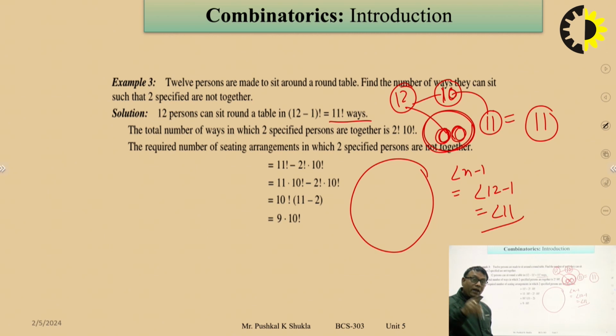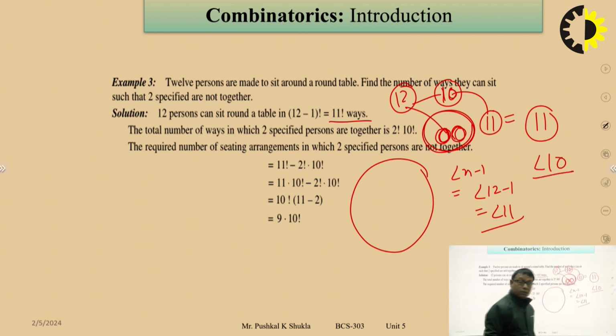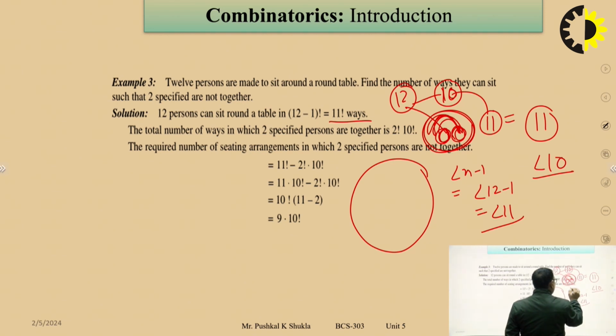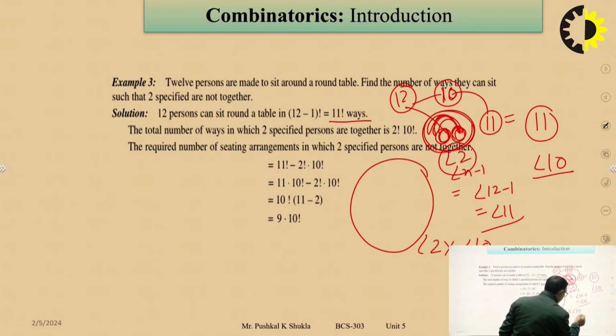And 11 persons can be arranged in a circular fashion in factorial 10 ways, as factorial n minus 1 is applicable. And these two persons can sit in factorial 2 ways, as we can alter their positions. So the total number of permutations in this case will be factorial 2 into factorial 10.